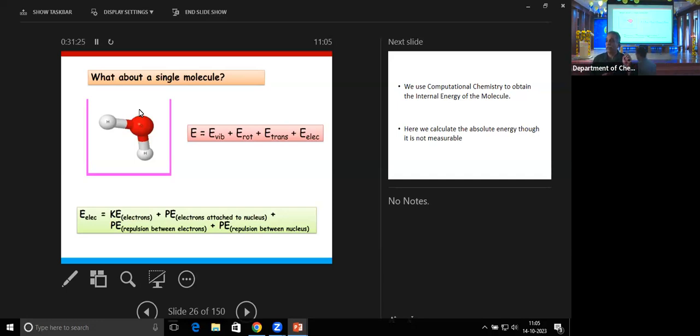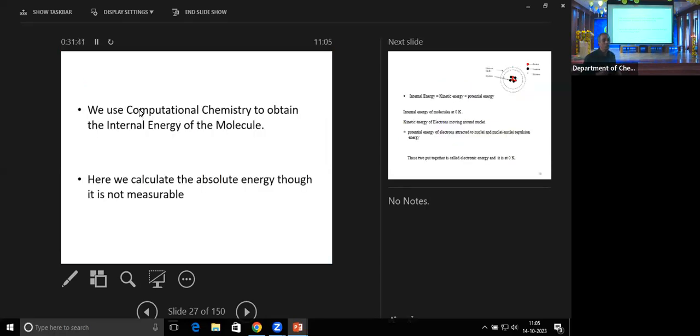It has a vibration, it has rotation, it has translation, and it has electronic energy. And what is that electronic energy? That is this. And that is what all your software does. It calculates that. Anyway, we're coming to that. So we use computational chemistry to actually calculate the internal energy of a molecule. That's all. You're not doing big things.